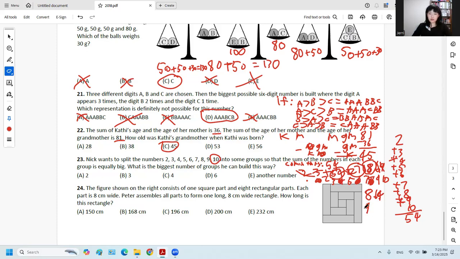And then 9 with 7 with 3 equals 18. 10 with 5 and 2 also equals 18. And this is 3 groups. So B is the answer.